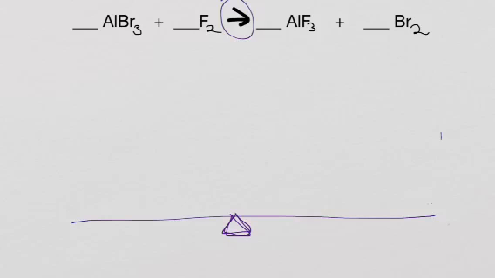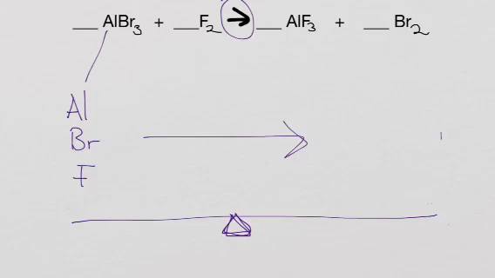Then the next thing you do is list out every element separately. If there are polyatomics, take them apart. List every element separately. When you have that, then copy that list over to the other side. Don't go by the other side.